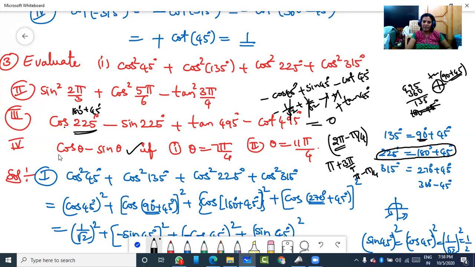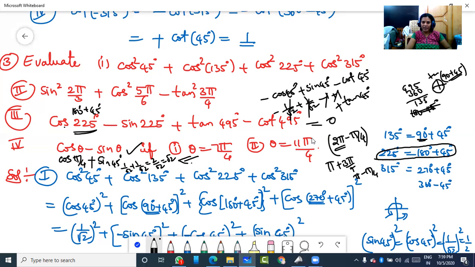In the fourth quadrant, cos is positive, so we get cos pi by 4. Minus, again it is sine of 2 pi minus pi by 4. In the fourth quadrant, sine is negative. Negative into negative is positive, sine 45 degrees. Cos 45 is 1 by root 2. Sine 45 is 1 by root 2. This is 2 by root 2. Root 2 is the answer for this.